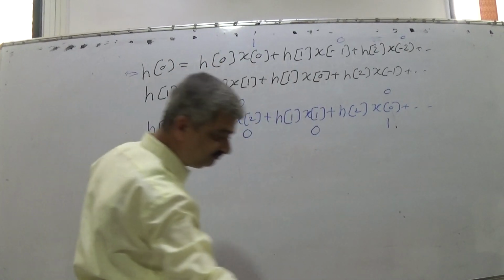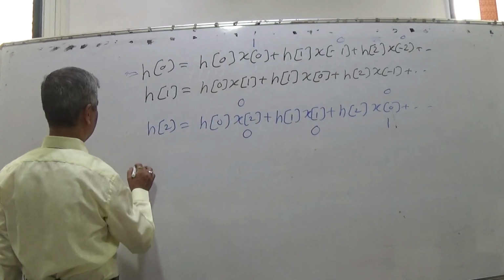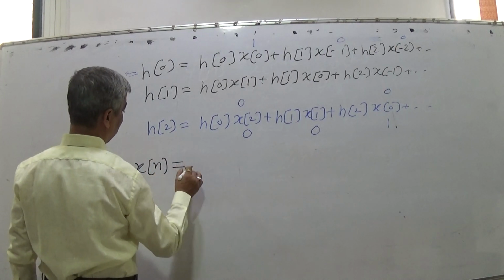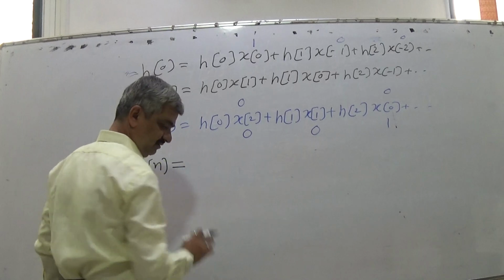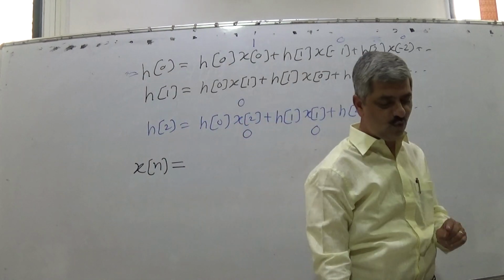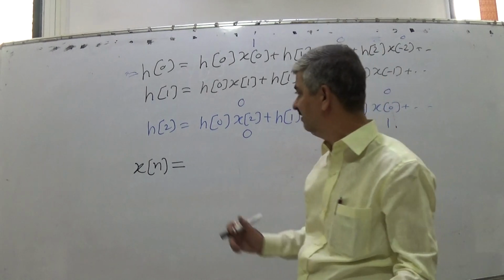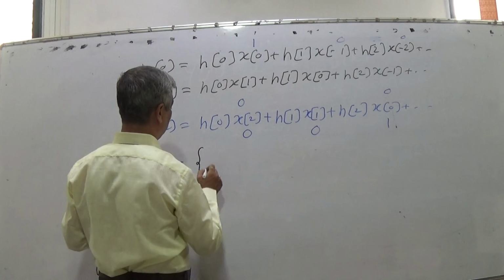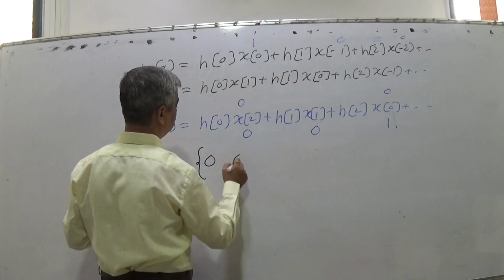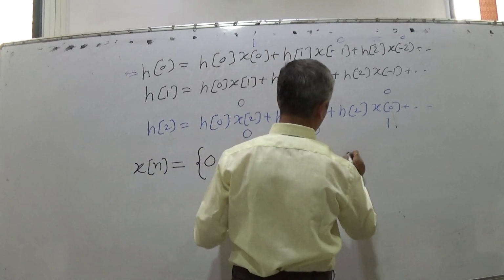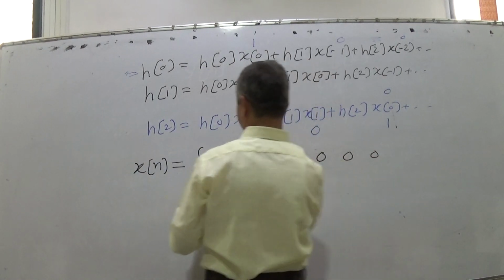Whereas here I have a special sequence xn such that it is 0 0 0 on the back side, 1, 0 0 0 on the front side.